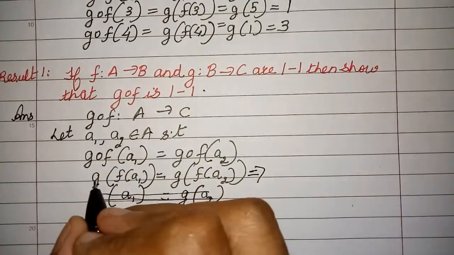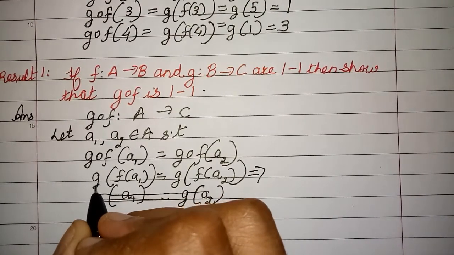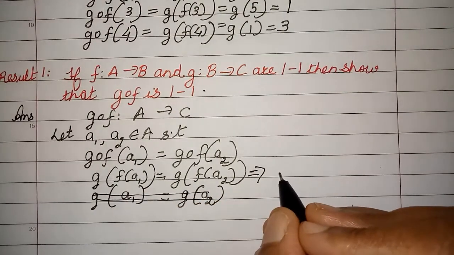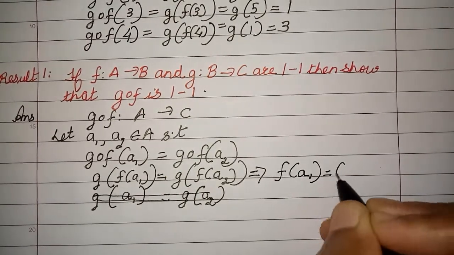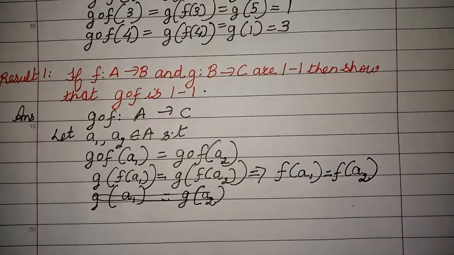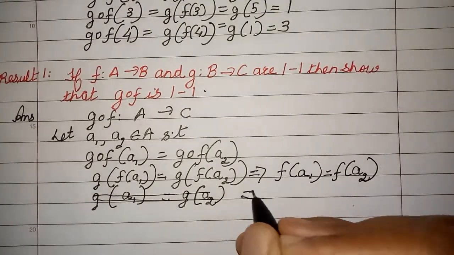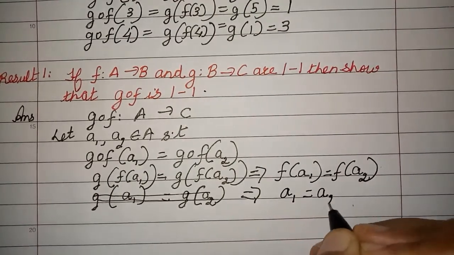Since g is operating first, let me consider g. Since g is one-one, f of a1 will be the same as f of a2. Now again, f is injective, so a1 will be equal to a2.